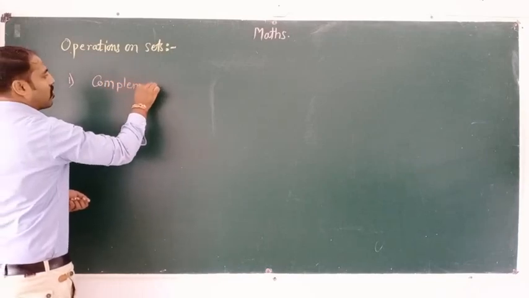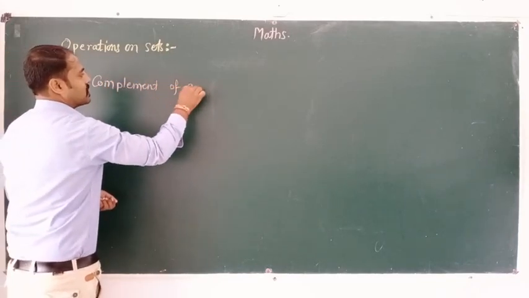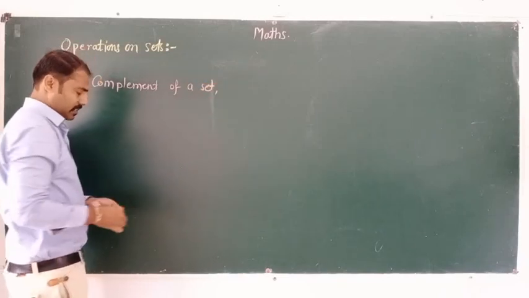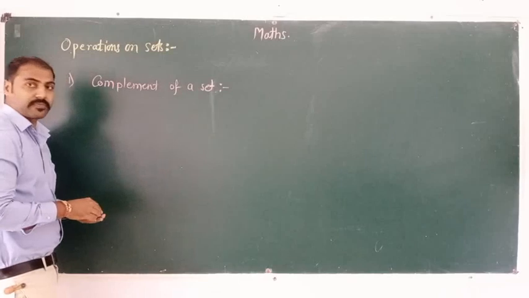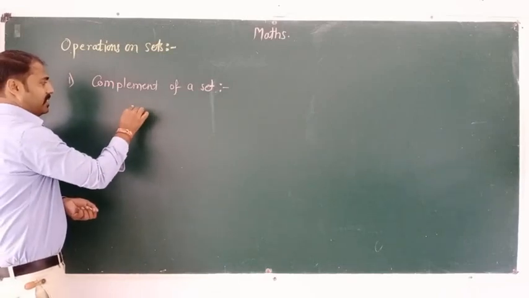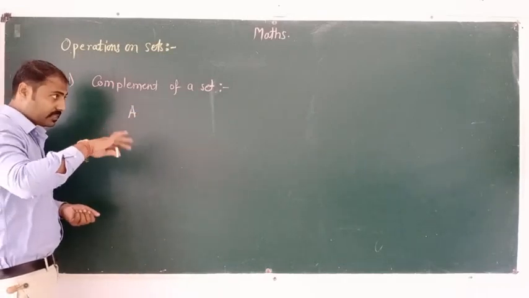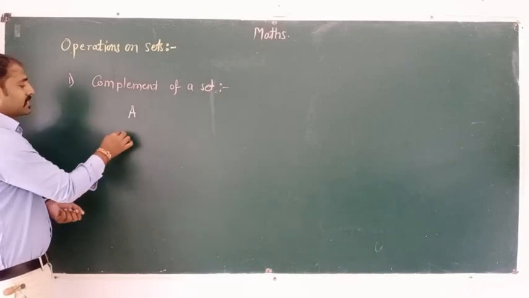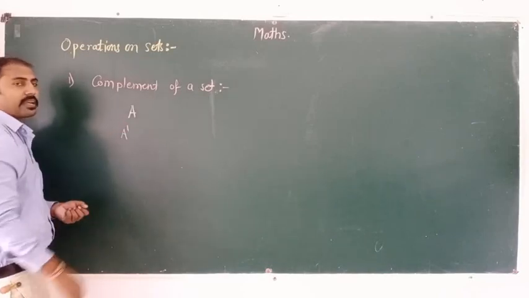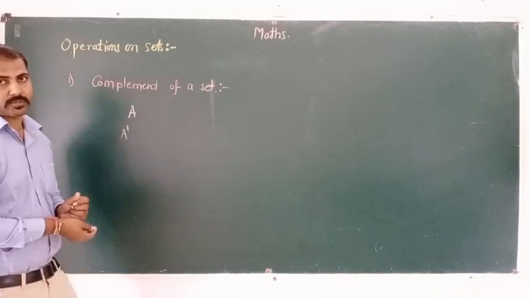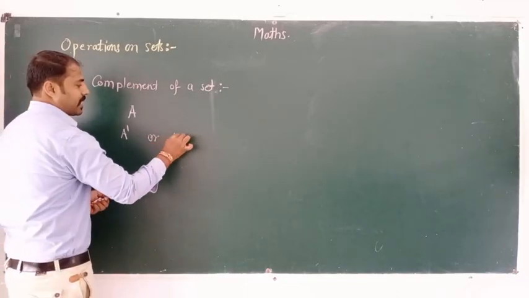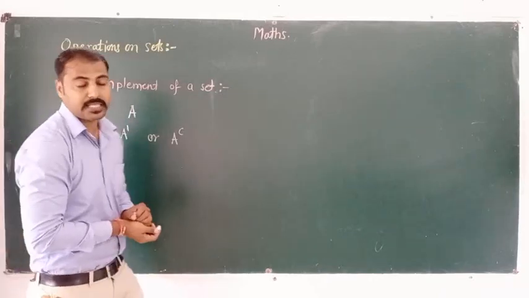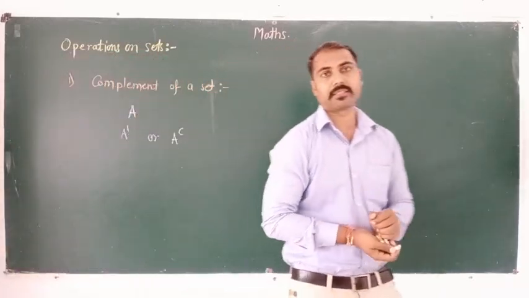Complement of a set. If A is any set, then the complement of set A is denoted by A dash, or it can be written as A raised to C, that is, A complement.